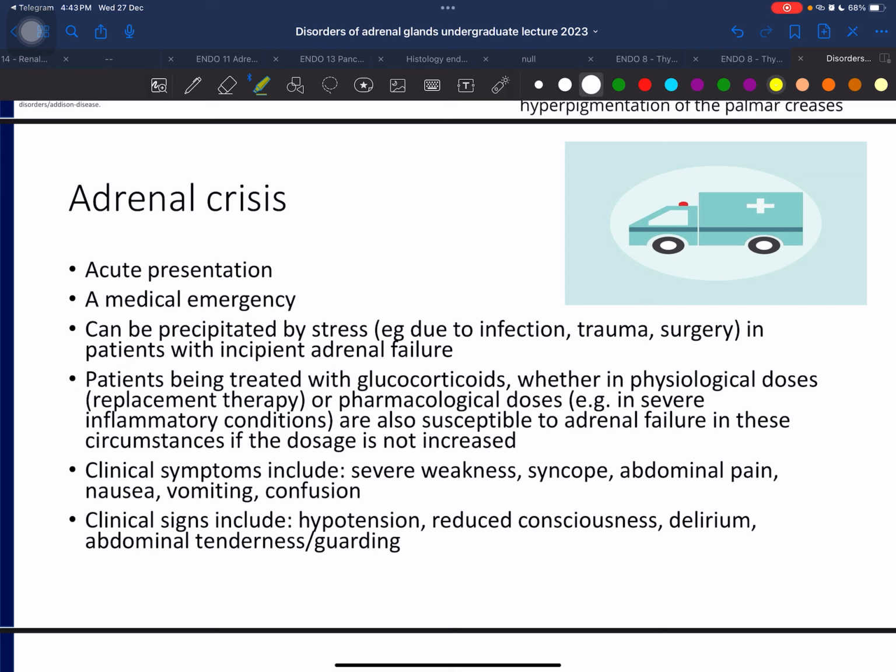The need for glucocorticoids increases in a condition of stress. Okay, so doctors who are prescribing patients these glucocorticoids can't just stop the glucocorticoids suddenly as such. Or when in conditions of stress, they might need to increase the dose to prevent adrenal crises in these patients.